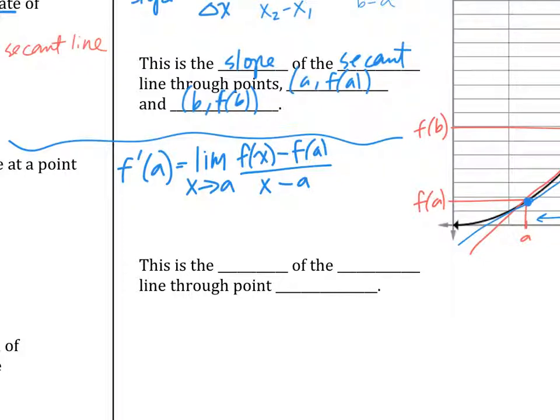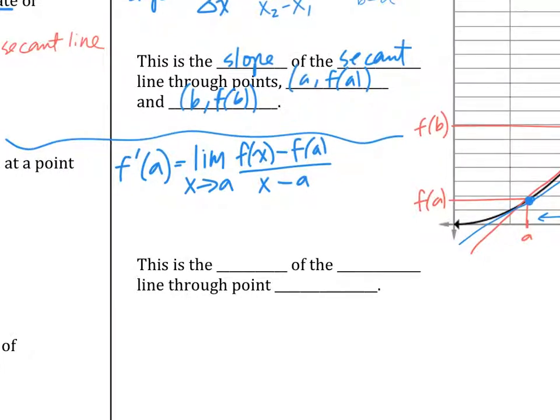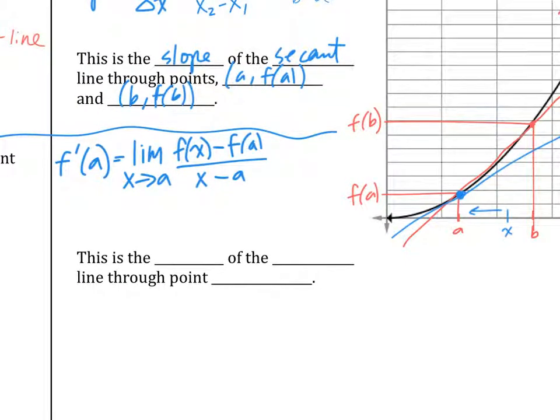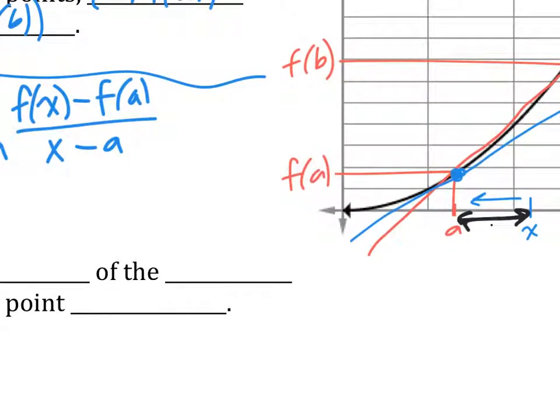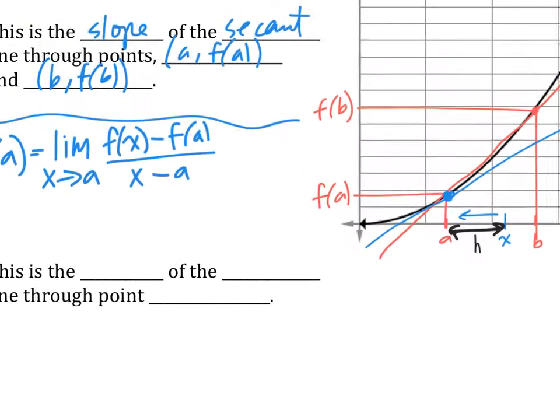But this form is not common. The most common way of representing this is something like this. We're going to say that this gap here is h. So this distance is h. We're going to reduce the distance between those 2 points down to 0.